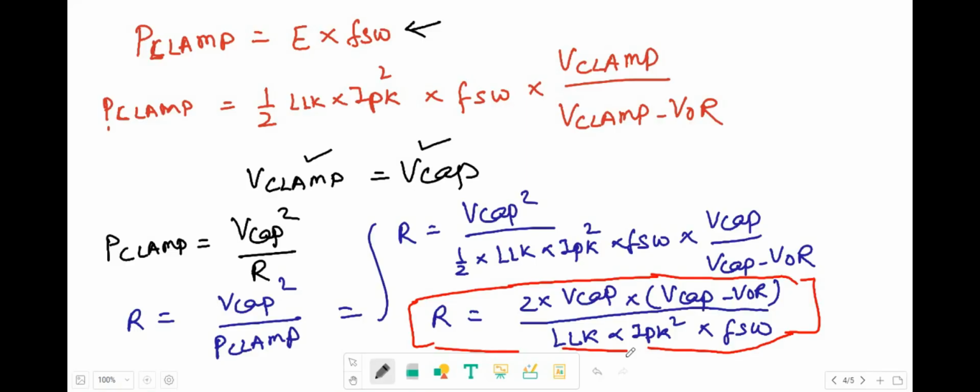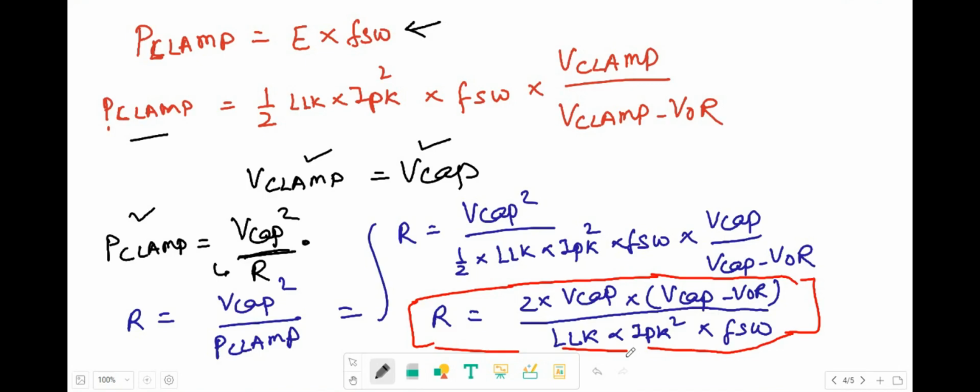Now if you calculate the P clamp, power clamp, we got one expression here, right? P equals V square divided by R. If you want to calculate the power to be clamped by the resistor, the voltage across the resistor squared divided by the resistance value gives the power.